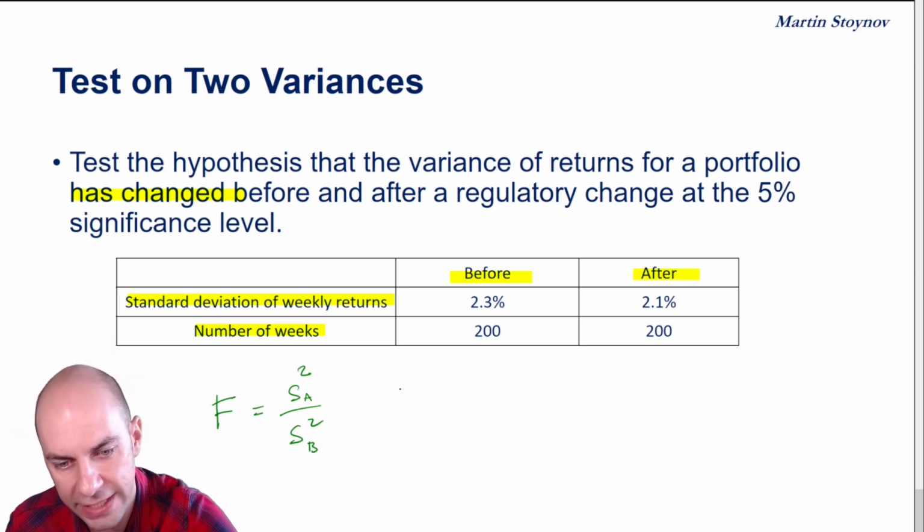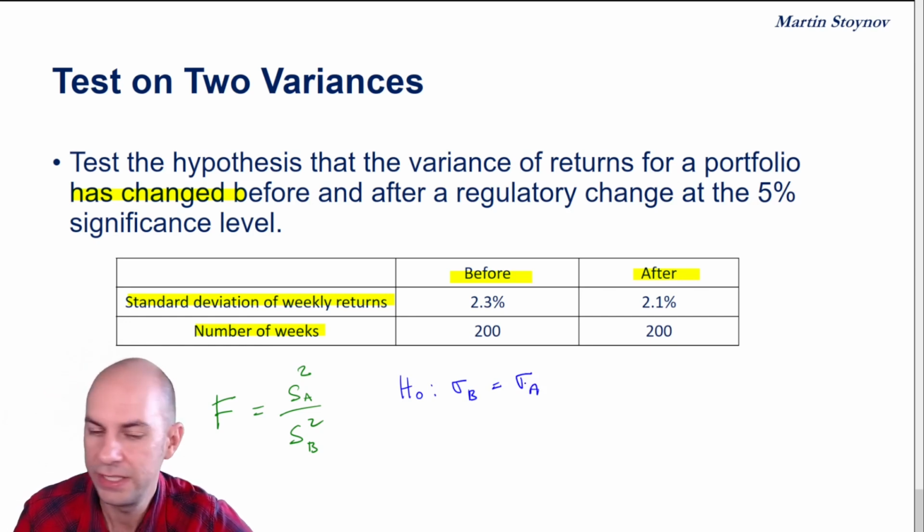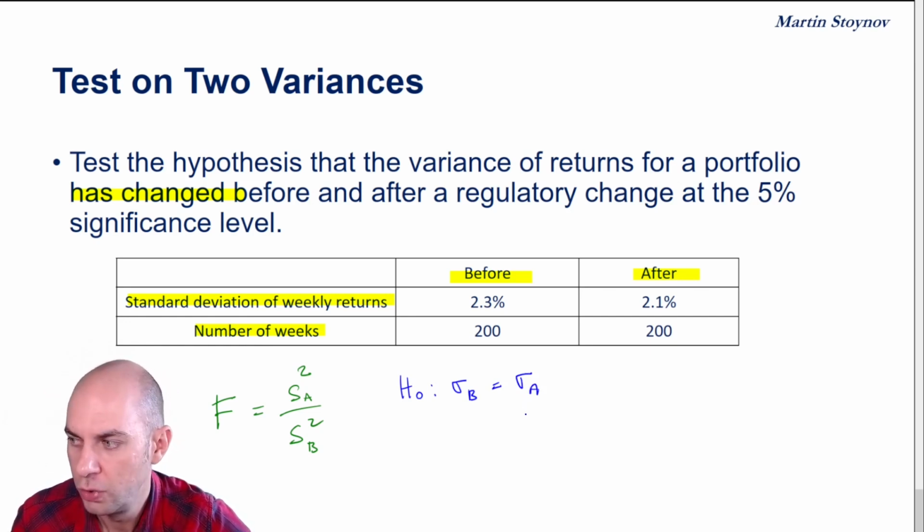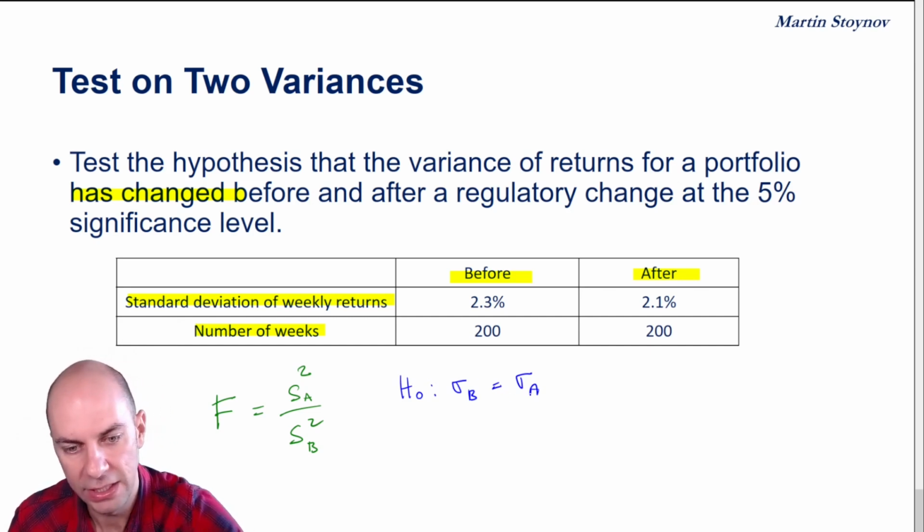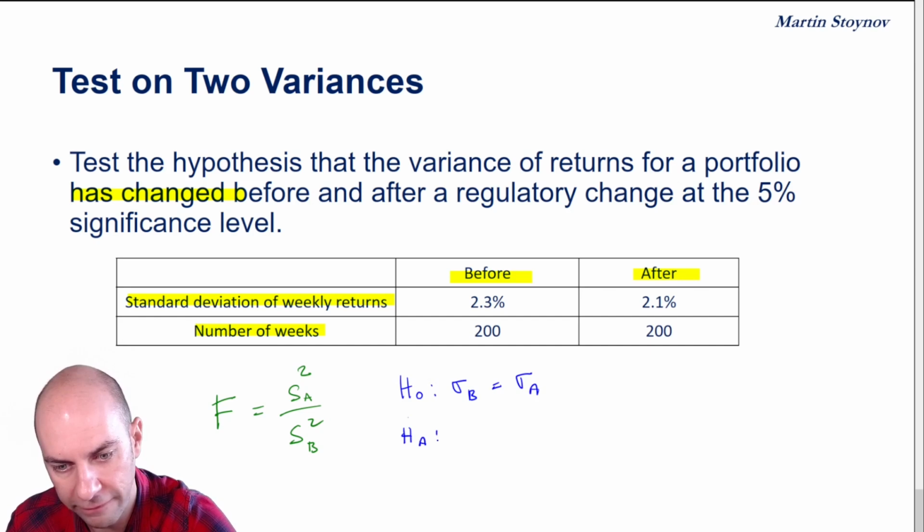So it tells me that the null hypothesis simply wants me to take the volatility before and compare it to the volatility after, i.e. this is going to be a two-tailed test, right? Are the two volatilities equal, or are the two volatilities perhaps different from each other?